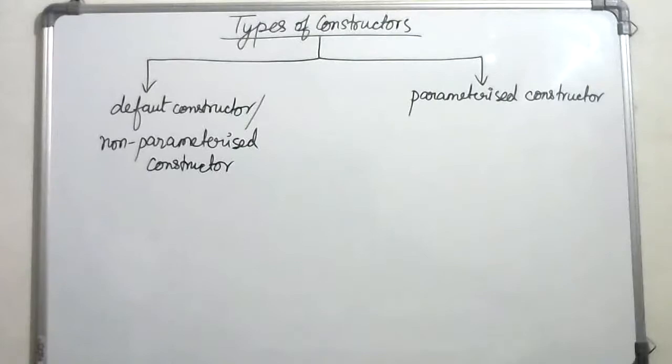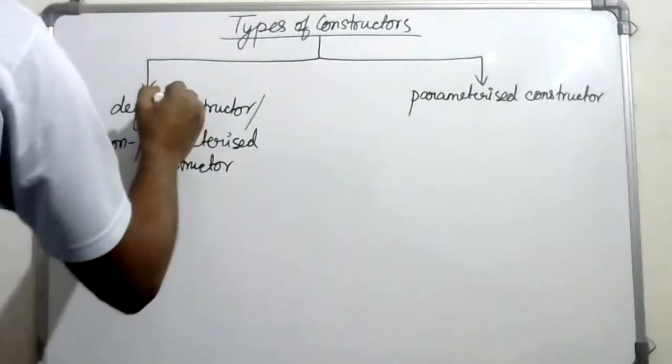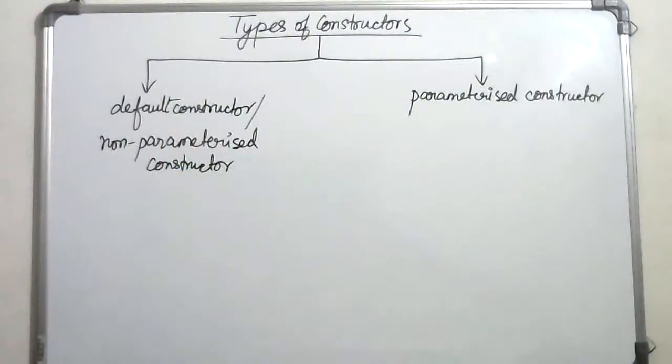How and where are those arguments used? We'll get into that a bit later on, but just for now, know that there are two types of constructors. The first type is called a default constructor, also known as the non-parameterized constructor, which is nothing but a constructor that does not take any arguments.